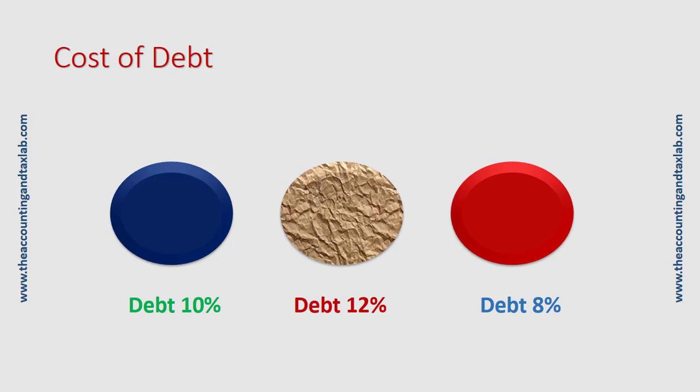So which one would you choose? You'll obviously choose the third one, because it has the lowest cost of debt. You'll be paying just 8% interest for the same amount of money you borrowed. So cost of debt is one more factor which you should be considering before deciding on the debt and equity mix.